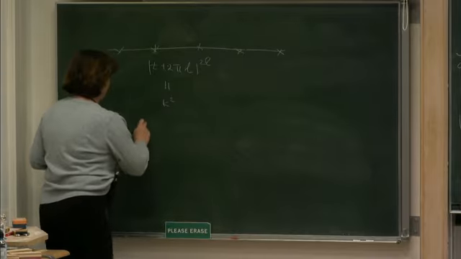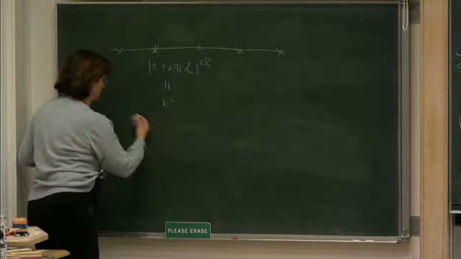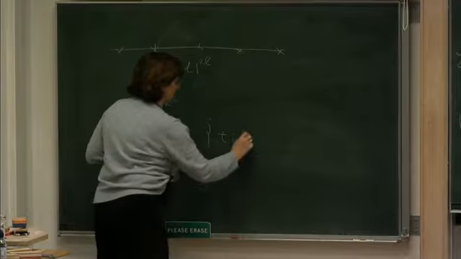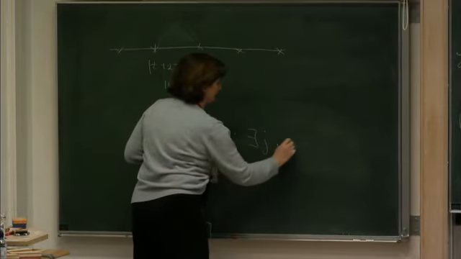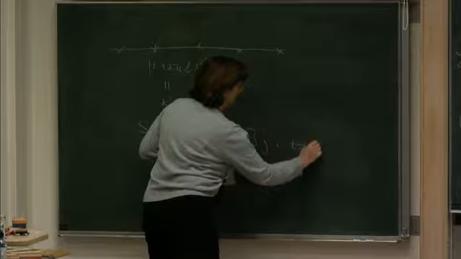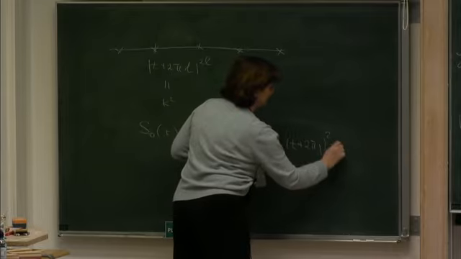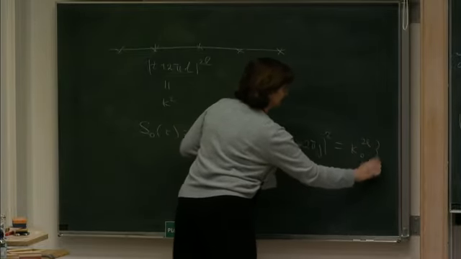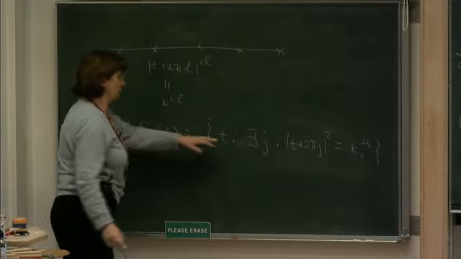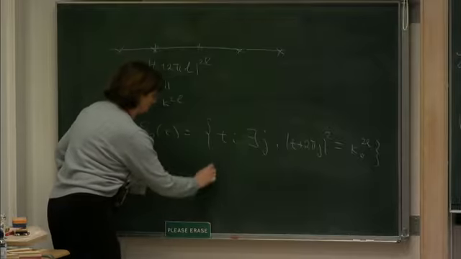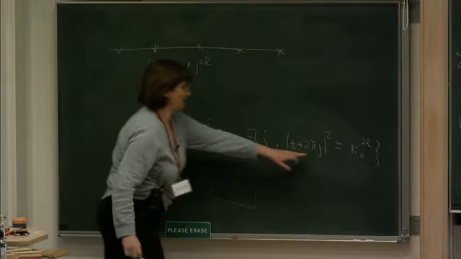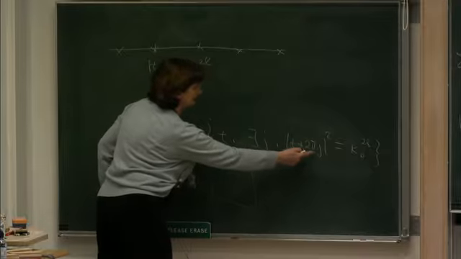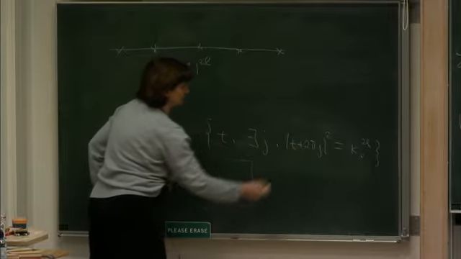So let us denote S0 of k as the set of t such that there is j such that (t plus 2 pi j) to the power 2L is equal to some fixed k0 to 2L. Then it's easy to see that for every j, this is a part of a sphere of radius k0, but they all have different centers.